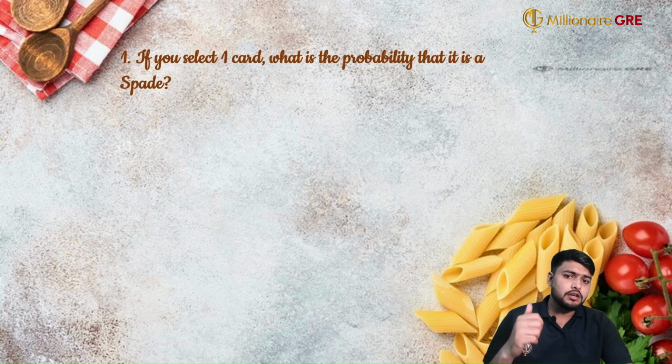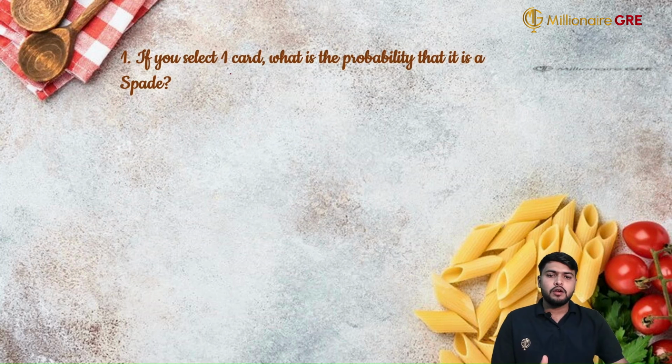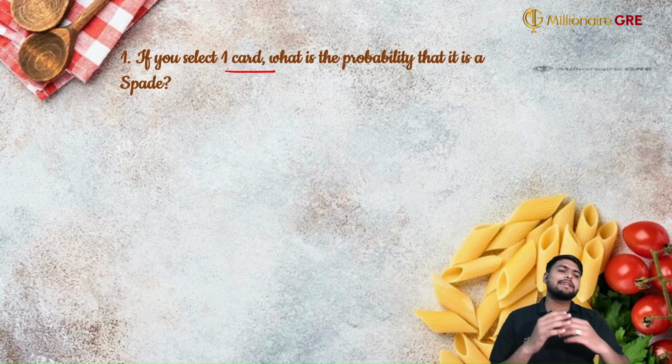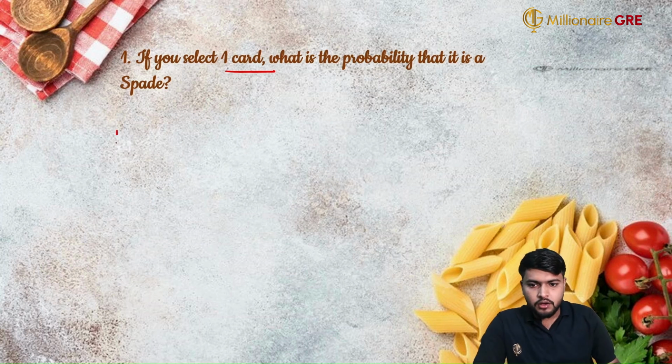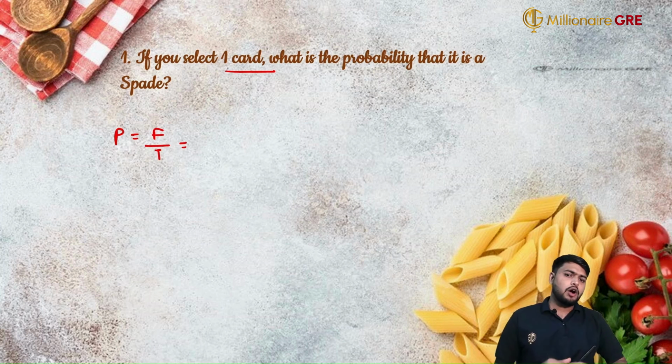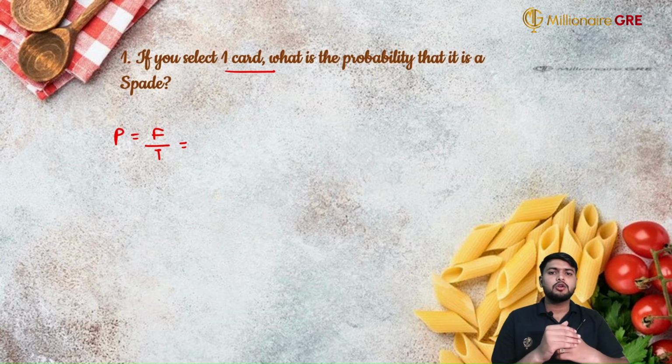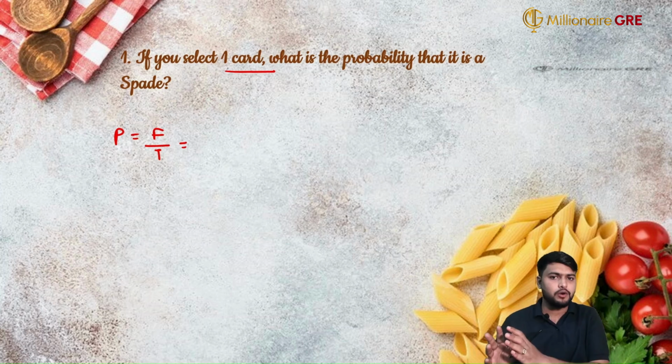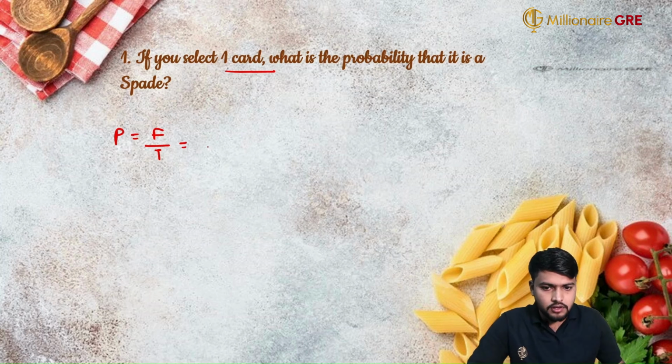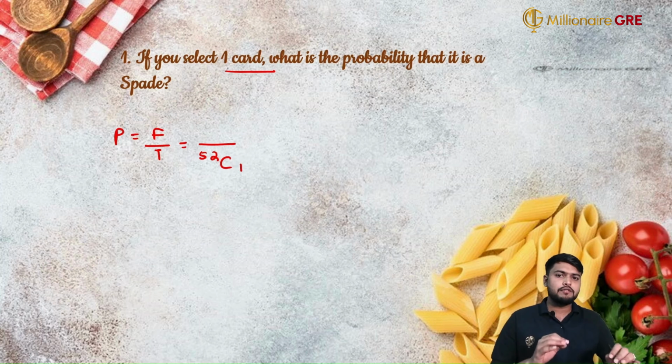Now we are asked, if you select one card, what is the probability that it is a spade? Probability we know is favorable upon total. How many total ways are there to select one card out of 52 cards? It's 52C1. Favorable cases would be those in which you select a spade.